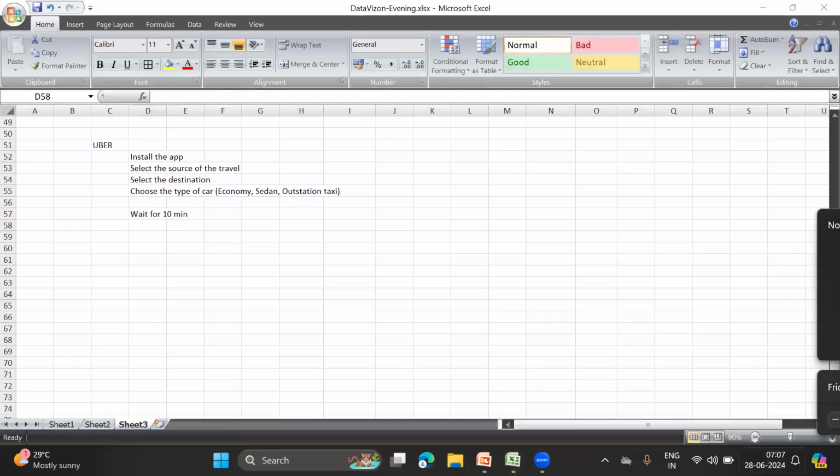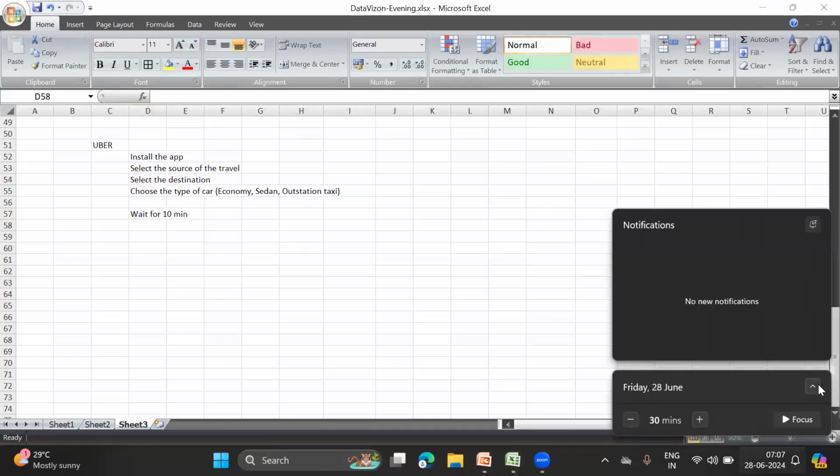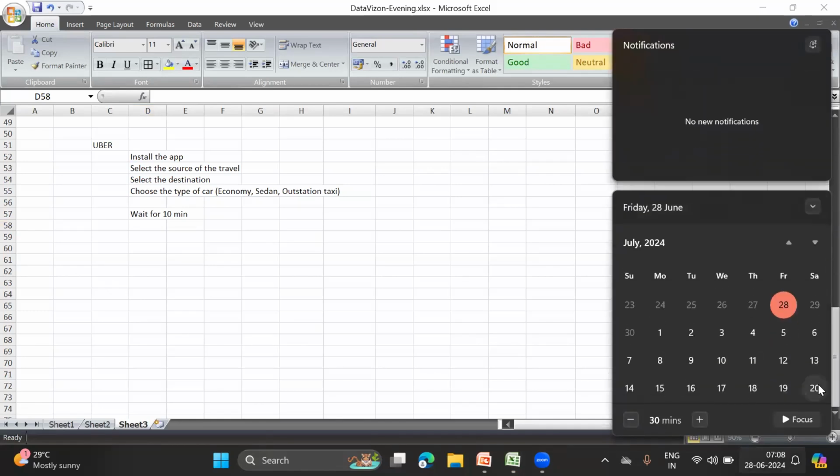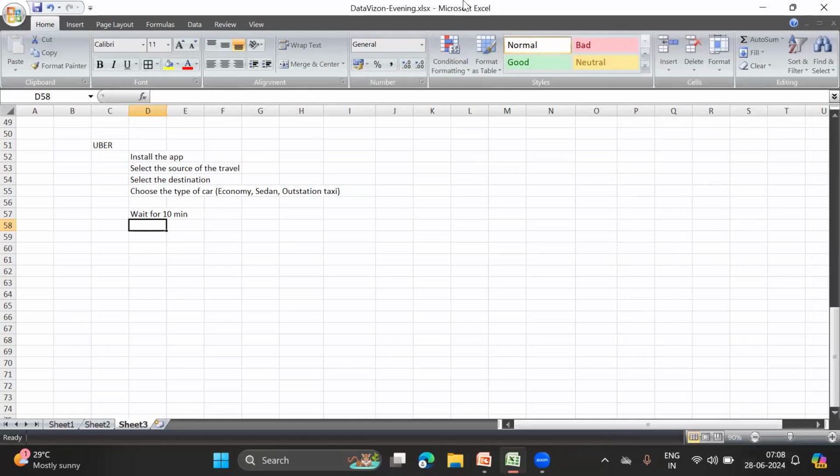I recall my friend who lives in Bengaluru, whenever she used to go to the office, she had an iPhone, I guess iPhone 8 or 9. iPhones are known for very bad battery. I don't know about the latest iPhones, but iPhone 8 was very bad with the battery. So she had Uber installed on her iPhone 8, and it used to be, let's say, 50% charged.